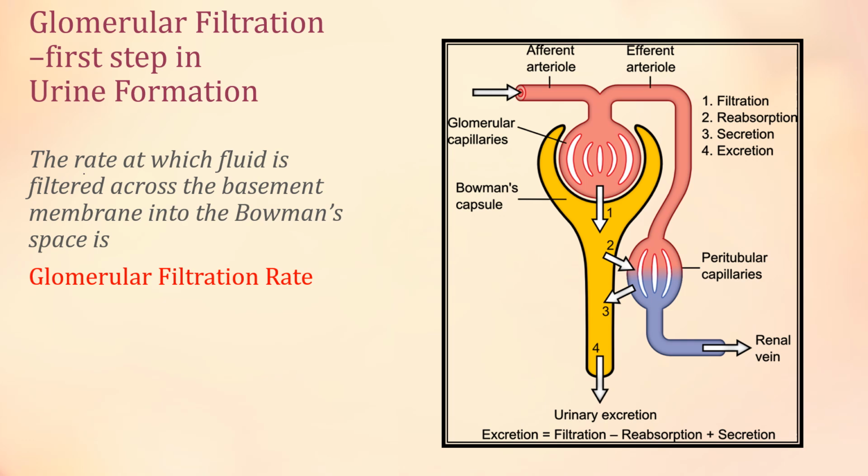The rate at which fluid is filtered across the glomerular capillaries into the Bowman space is known as glomerular filtration rate or GFR, and it is a very important index of renal function.